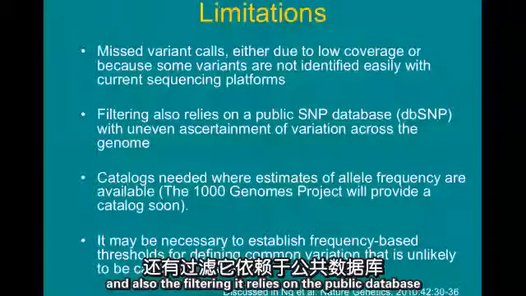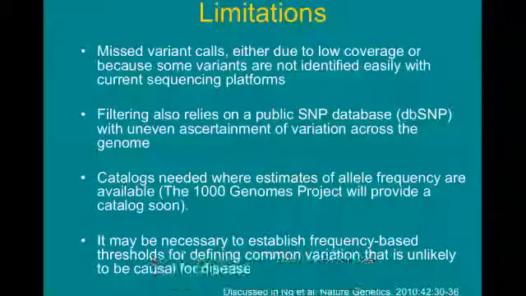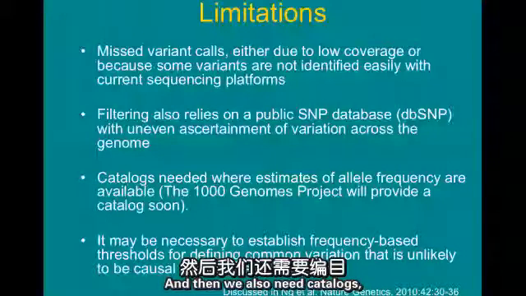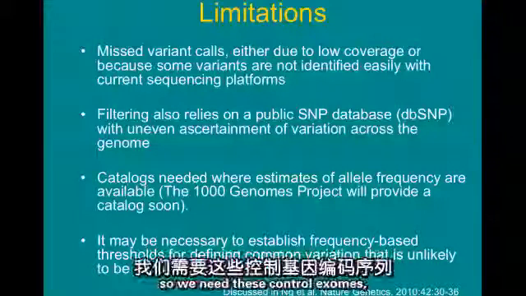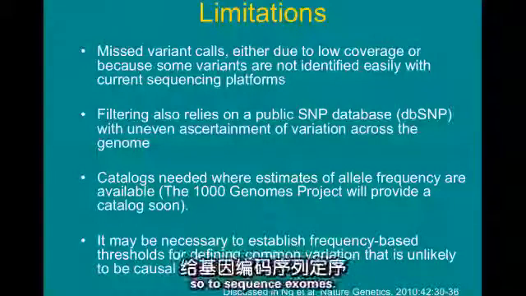And also the filtering relies on the public databases, and they have uneven ascertainment of variation across the genome. And then we also need catalogs, so we need this control exome. So that's very expensive to do, so to sequence exomes.